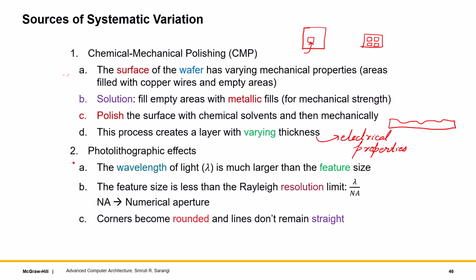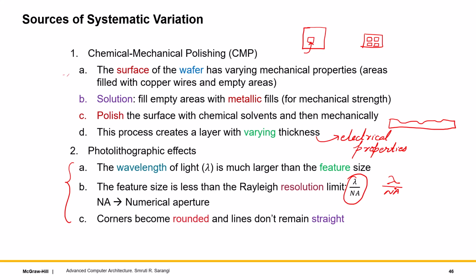Now, if you look at the wave nature of light, well, we are aware of what we studied in our class 12 physics, that the wavelength of light lambda is much larger than the feature size, as we have been arguing. So there is a Rayleigh resolution limit beyond which we can't fabricate reliably. So this is lambda divided by the numerical aperture. A lot of tricks are done to change the numerical aperture and so on.